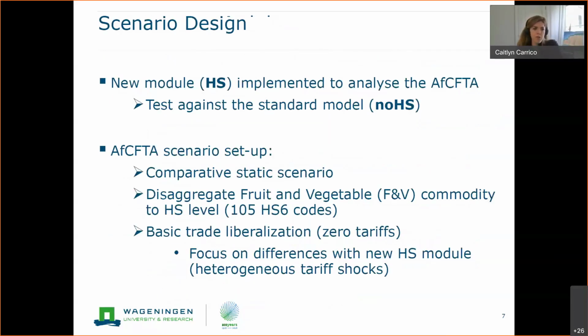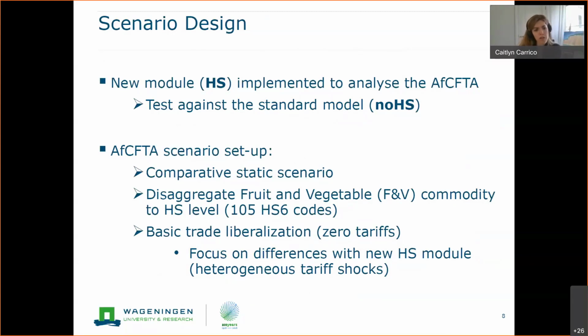Okay, so the scenario design. We are testing this new module. We're implementing the new module to analyze the AfCFTA, and we're also testing it against the standard model. So we're looking at the difference that having this HS level module makes, and how that affects the scenario outcomes.